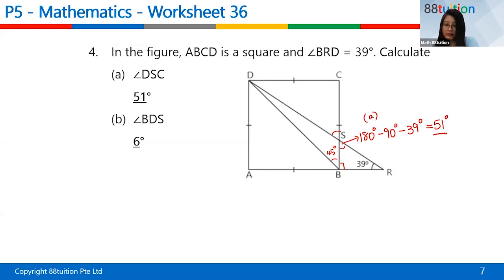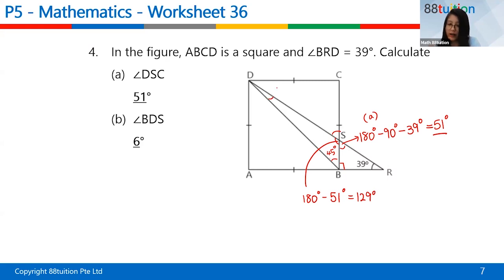BDS. So we can find this angle, right? Angles on a straight line. 180 minus 51, so it's 129.